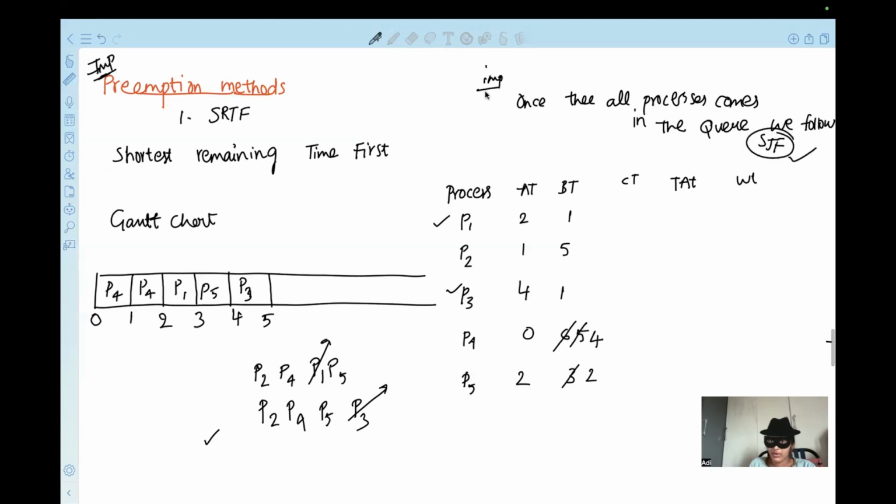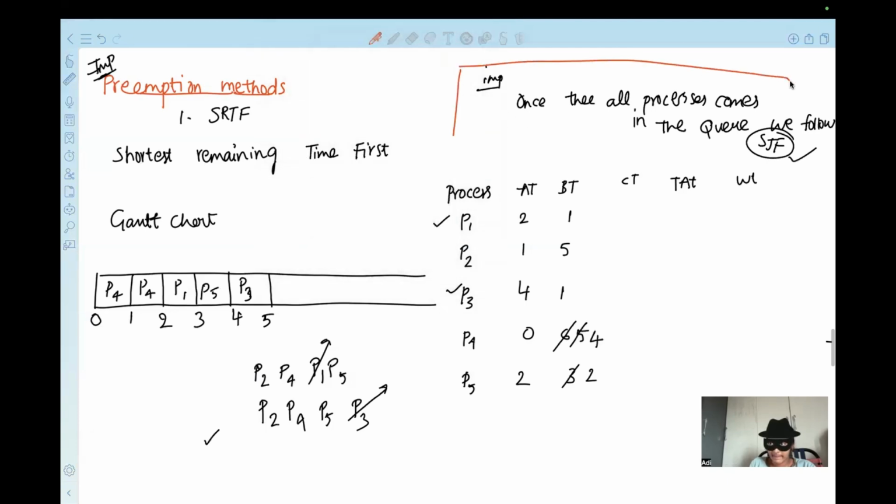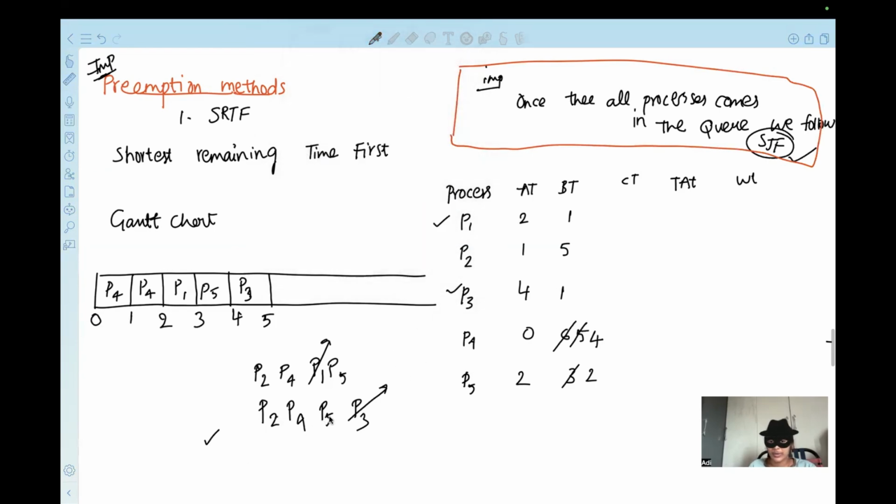Please remember, we'll follow SJF from here. That means we'll not write 1 unit of time here again. So you can see P2, P4 and P5 are there. Which has the lower burst time? P5. So P5 is written, 5 plus 2 is 7. Next is P4, 7 plus 4 is 11. And next is P2, that is 11 plus 5 is 16.